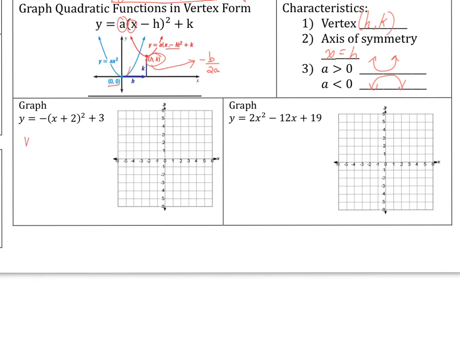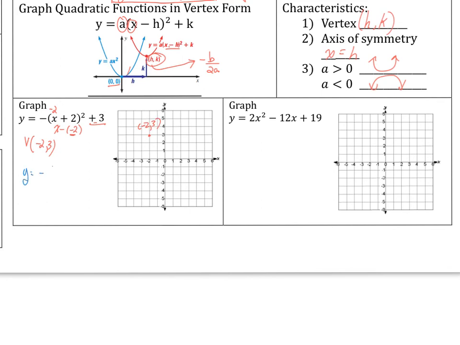So here the vertex will be read as negative 2, 3. Or you could read it as x minus 2, and then we would need a negative 2. Okay, so here, negative 2 and 3. It's your vertex. And now we need to look for the y-intercept.